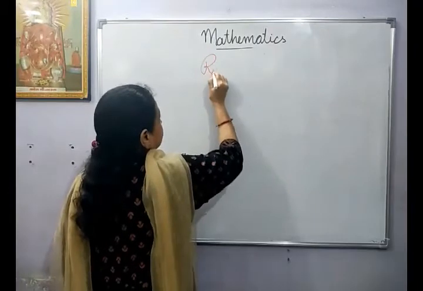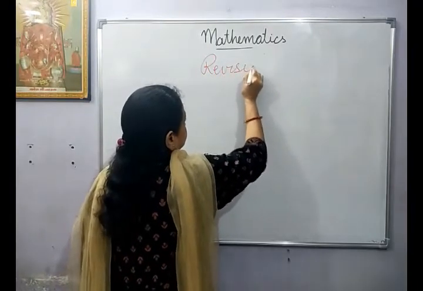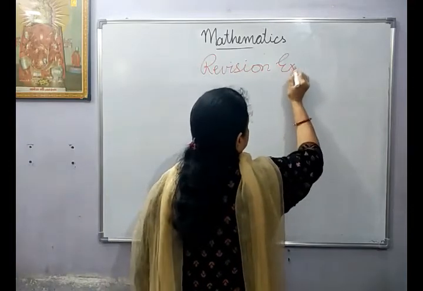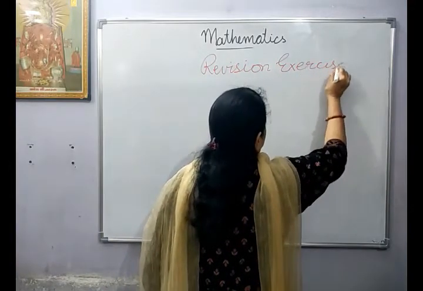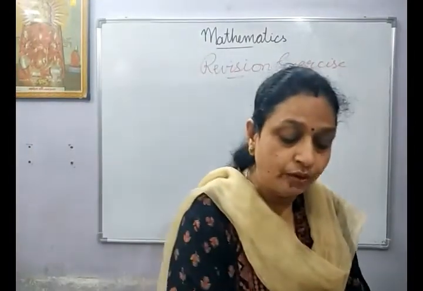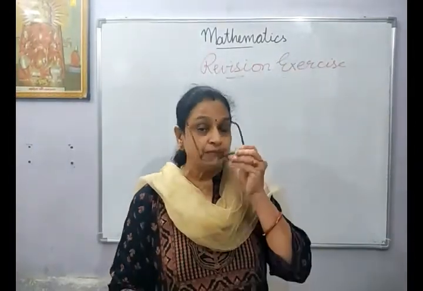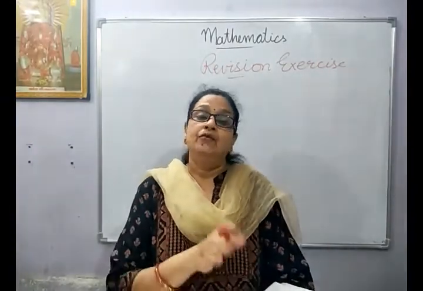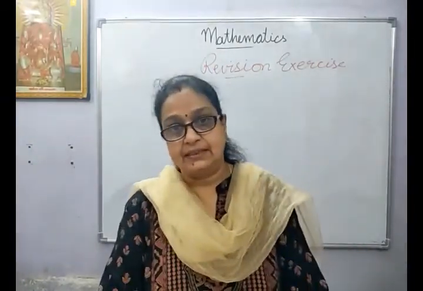Revision exercise. This you have to do on your own because maximum sums are based on what you have studied in the lesson, what we have done in the exercises.